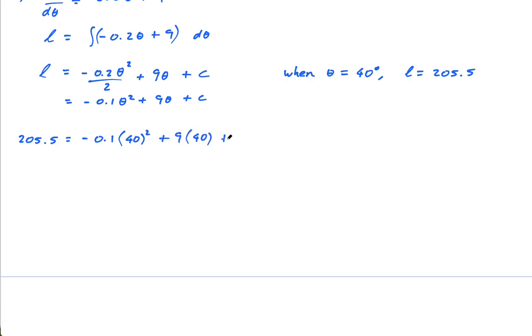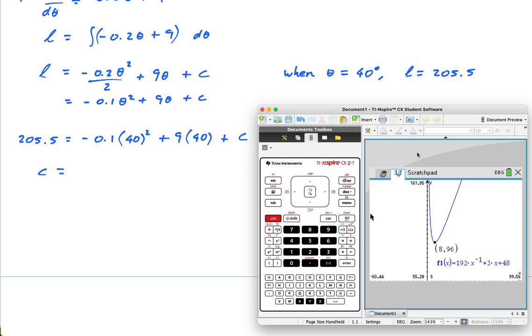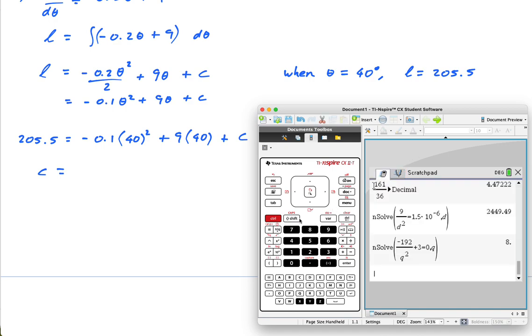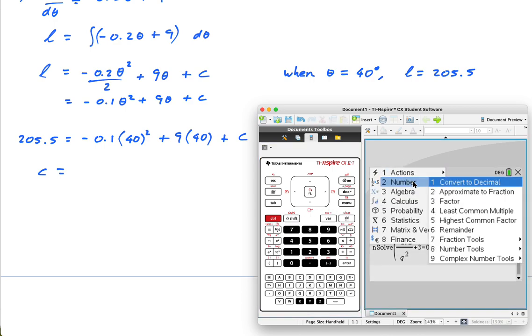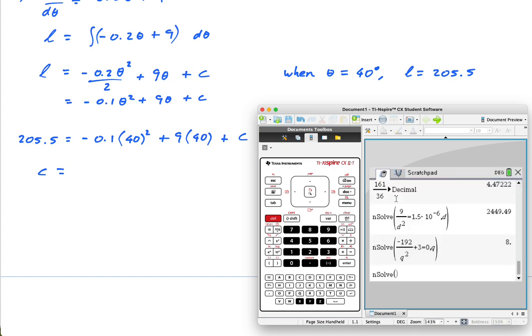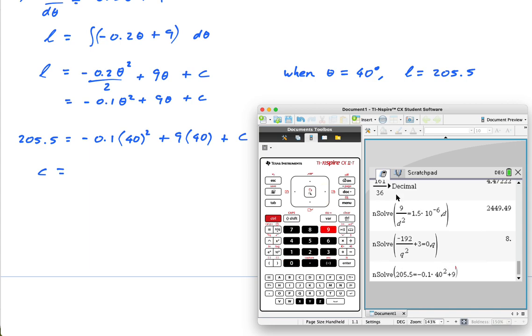Then c is equal to, guys, you could do all that with nSolve, I think is the easiest thing to do. So I can go menu, algebra, numerical solve, and we just type this in. 205.5 equals negative 0.1 times 40 squared plus 9 times 40 plus c, and then I do comma c.